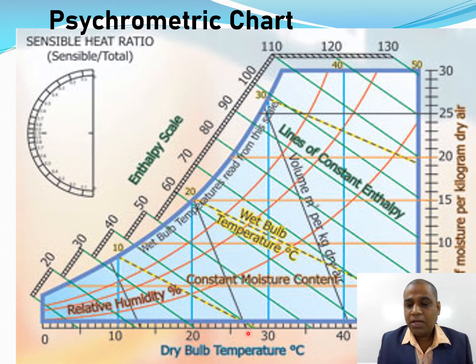Similarly, on the right side, the vertical line is drawn, it is humidity ratio or moisture present in the air: 0, then 5, 10 gram per kg of dry air, 15 gram per kg of dry air, 20 gram per kg of dry air, 25 gram per kg of dry air. Similarly, it goes increasing from the base to top, the specific humidity line.